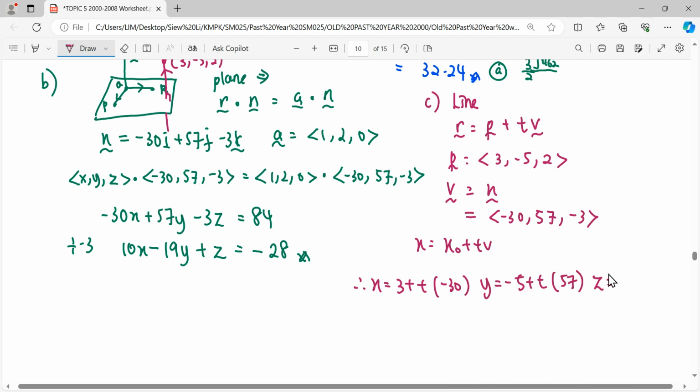And for z, it will be 2 plus t times -3. Simplifying this line equation in parametric form, x equals 3 minus 30t, y equals -5 plus 57t, and z equals 2 minus 3t.